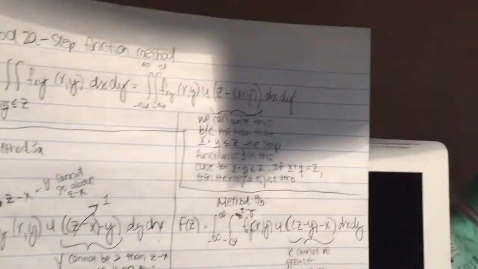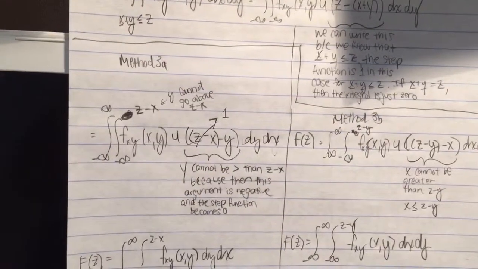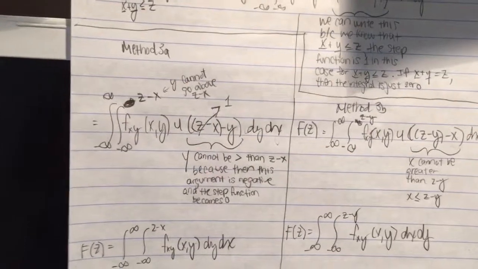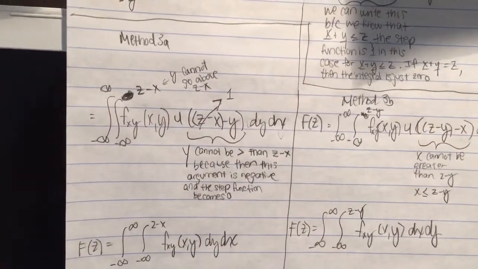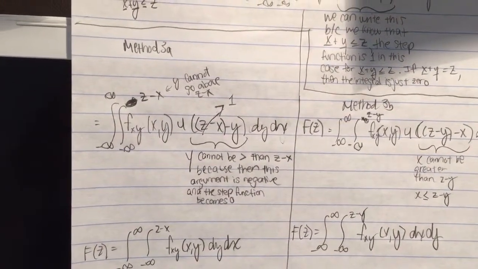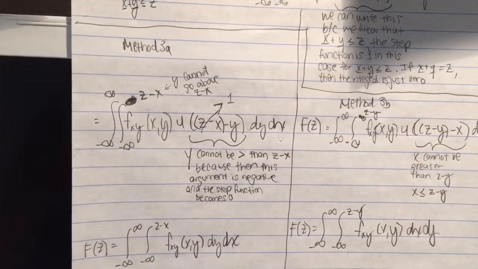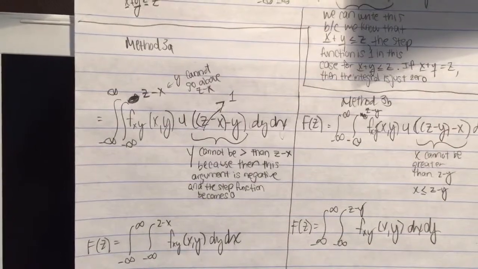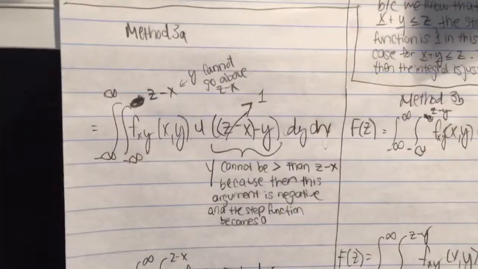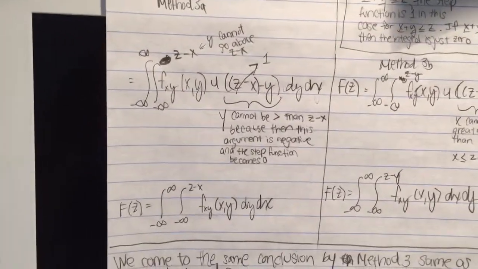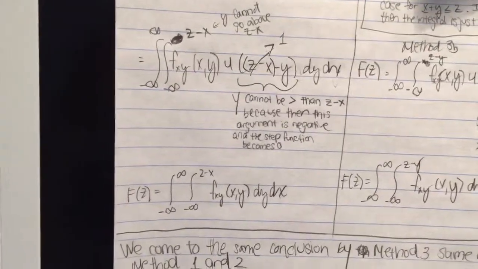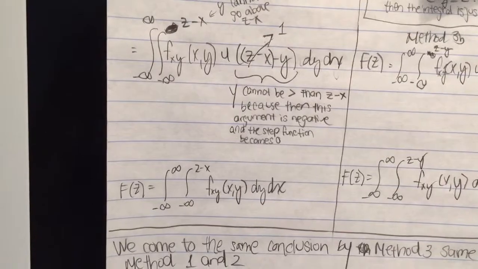We actually take that and we put parentheses around z minus x. So over here, we have a stipulation that y cannot be greater than or equal to z minus x, right? Because then the argument is negative and the step function becomes 0. So as you can see, that double integral over here translates to this integral because that step function goes to 1.